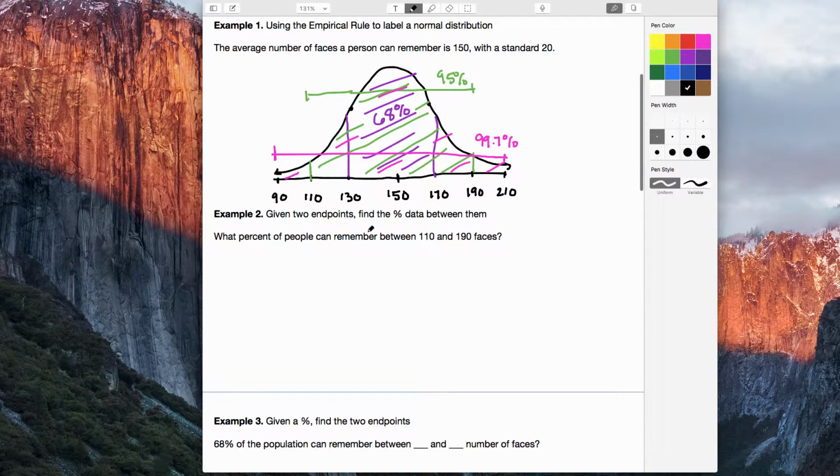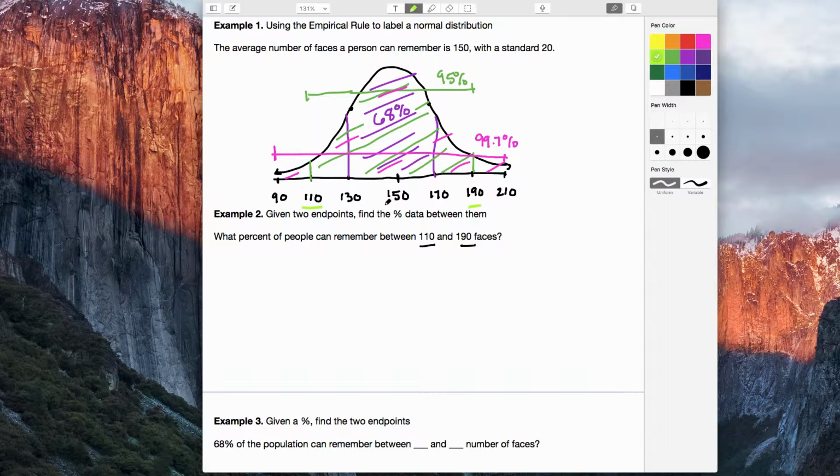What percent of people can remember between 110 and 190 faces? Well, this is just a matter of looking up at my histogram, the normal model that I've already drawn. So 110 was here, and 190 was right here.